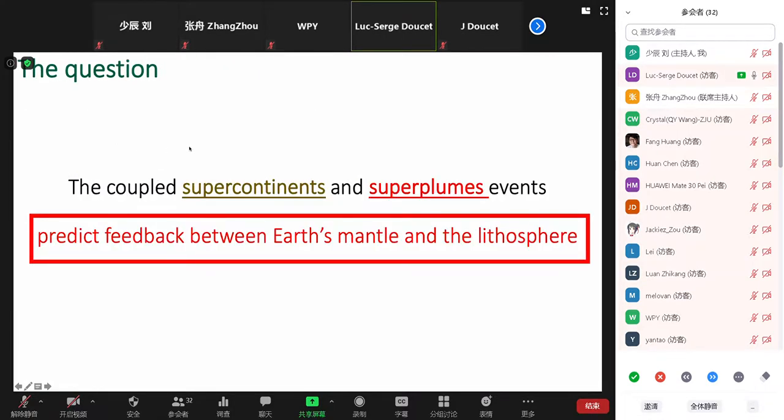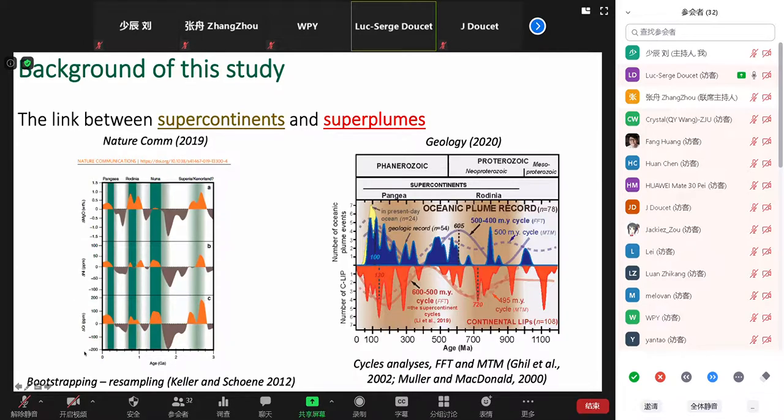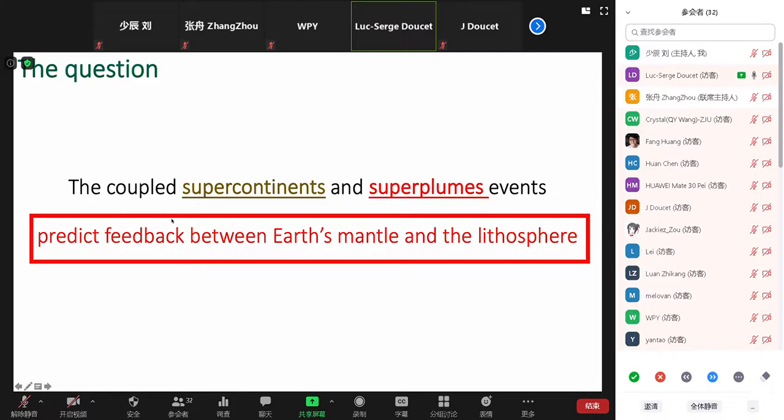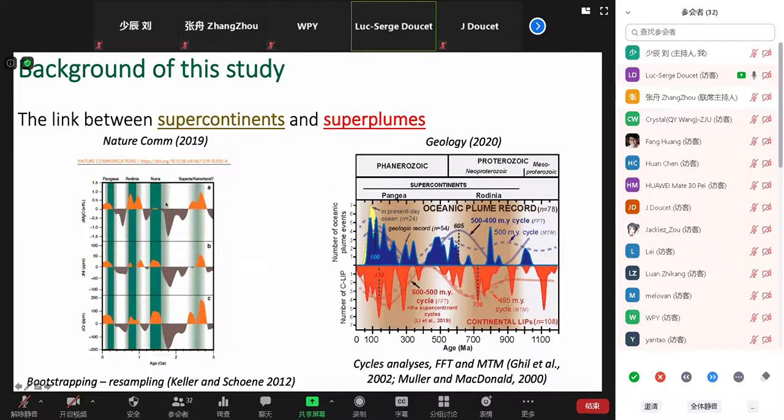So, Nature Communications 2019. What you have here is the composition of magnesium, nickel, and chromium in the basalts, and this is the delta MgO in the record. Basically, we are looking for an increase in magnesium, nickel, and chromium in basalts, because magnesium, nickel, and chromium are linked to the temperature of melting in the basalts.